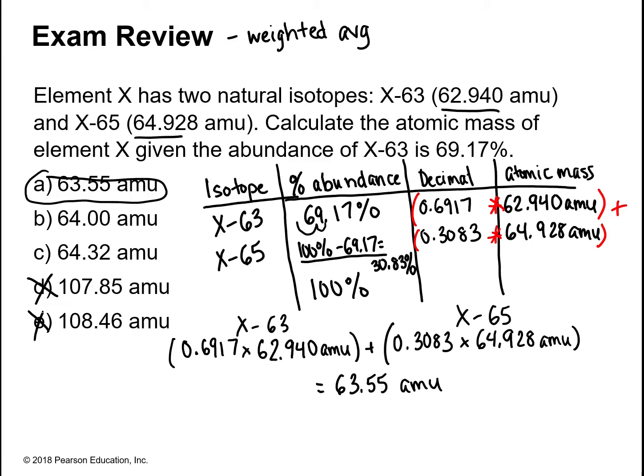The only ones that make sense are A, B, and C. Does everyone see that? How you could eliminate D and E because those answers are too large. Your weighted average has to come somewhere between the masses that you already have.